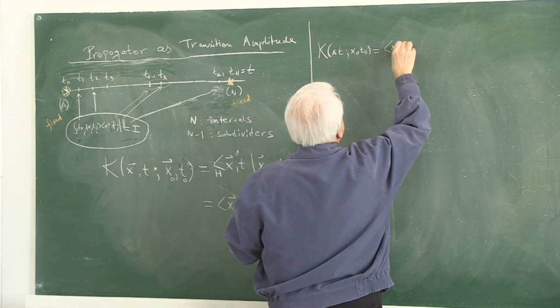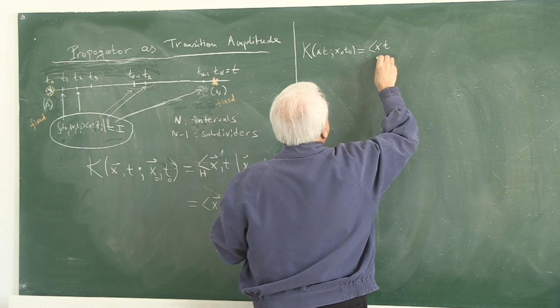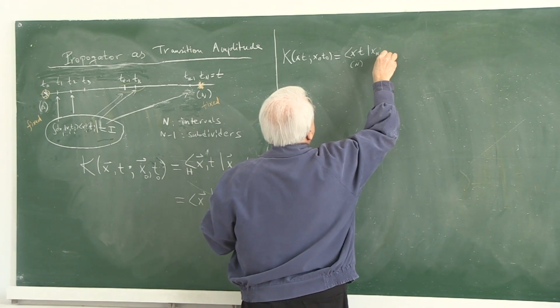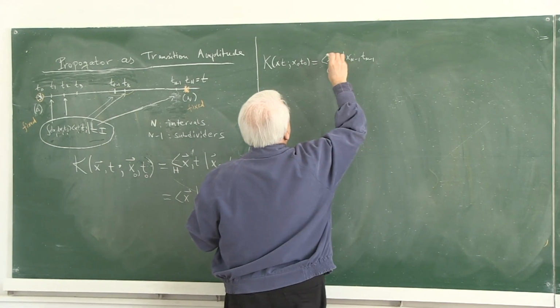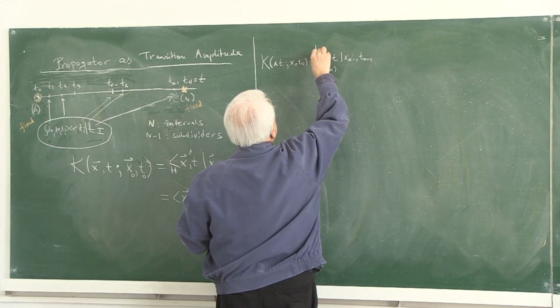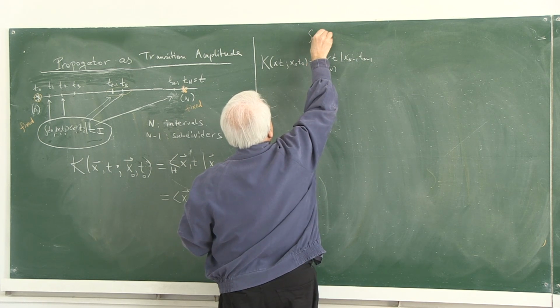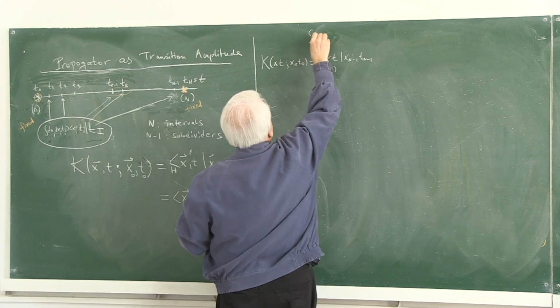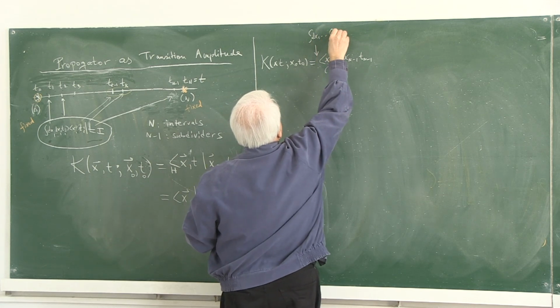Xt, that is the nth point, and xn minus 1, tn minus 1. Of course, there are here a bunch of integrals, dx1 to dxn minus 1.